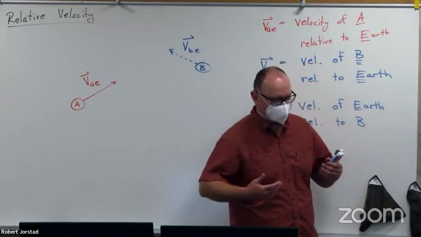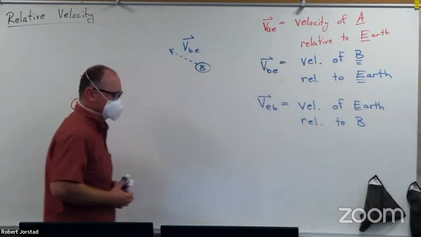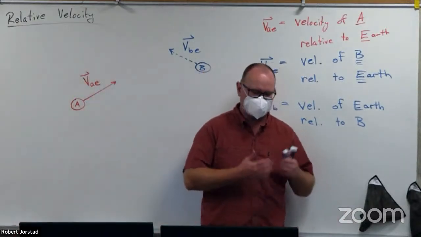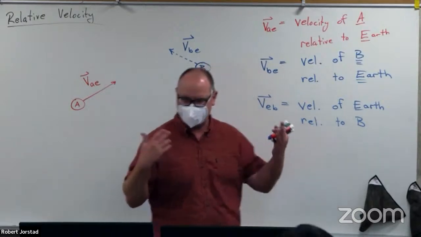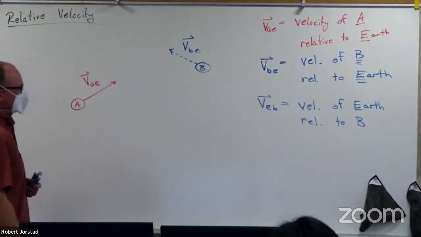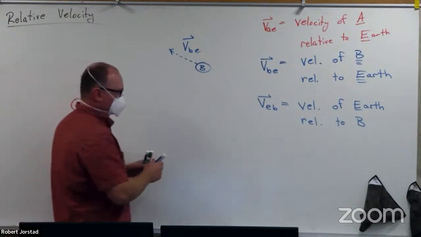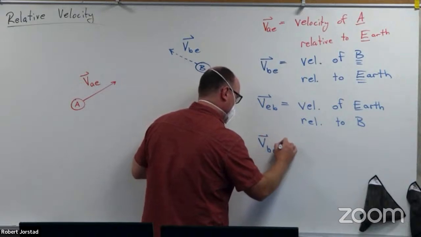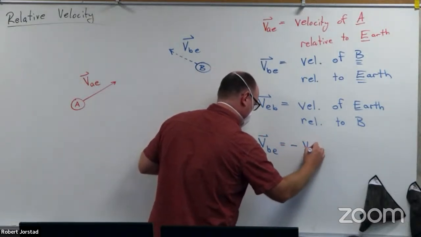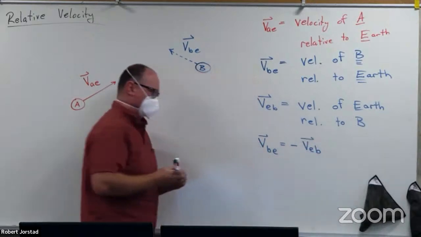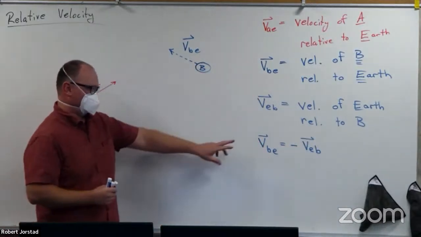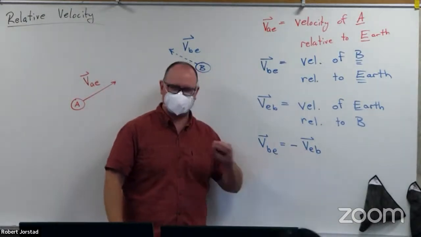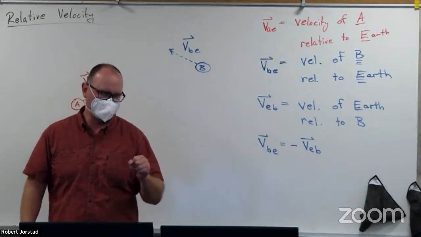There's no real difference in those from a velocity standpoint. Me moving to the right relative to the Earth is the same as the Earth moving to the left relative to me. They mean the same thing. In particular, these things are related by this equation. They're equal and opposite. So notice how crucial the order of the subscripts will be. If you flip the order, we're going to be off.